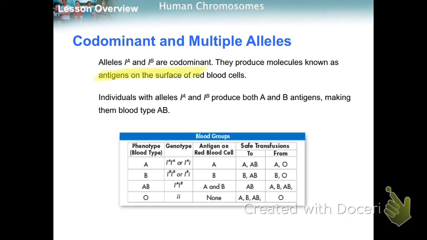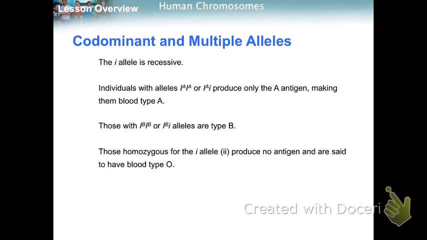These antigens are what I was referring to as ID tags. Individuals with IA and IB both produce A and B antigens, making them blood type AB. And then, like I said, the lowercase i allele for type O blood is recessive. We went through this already.